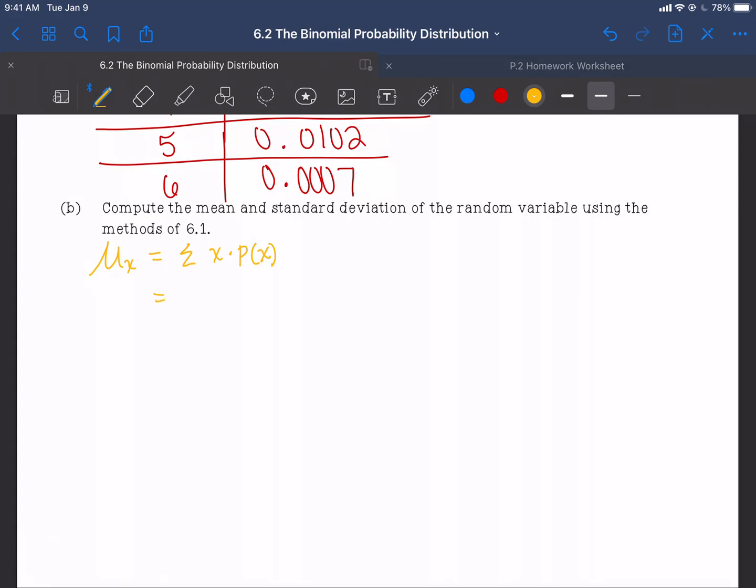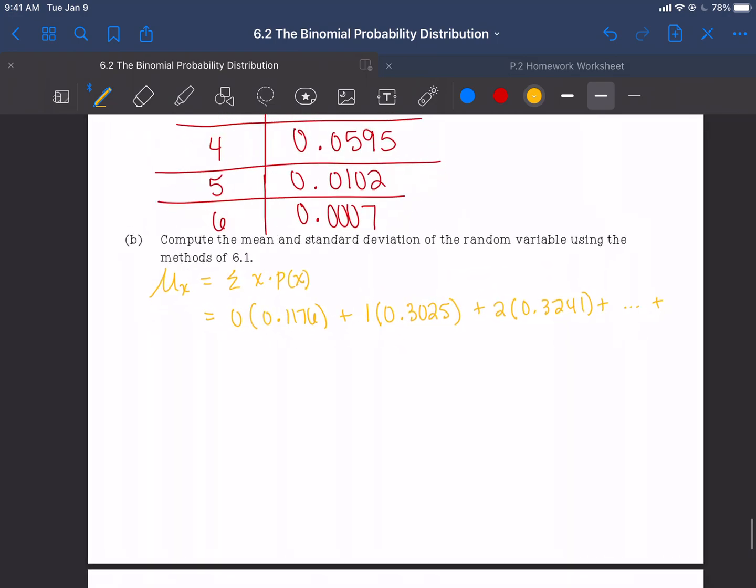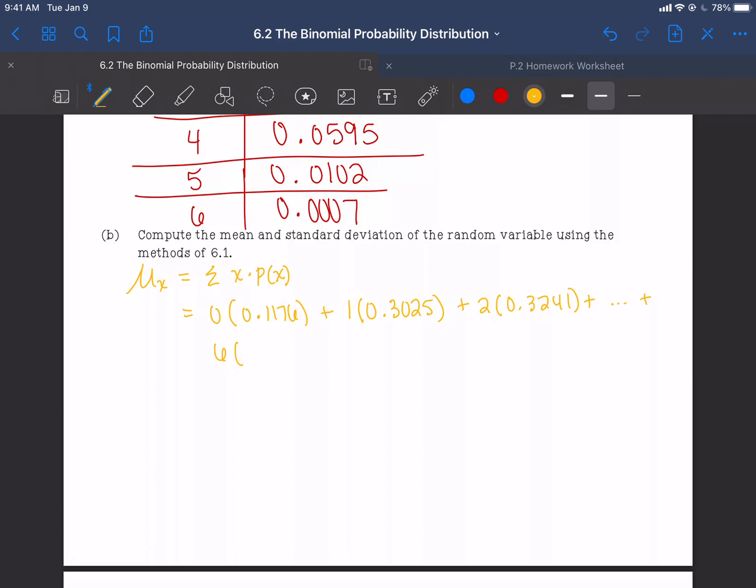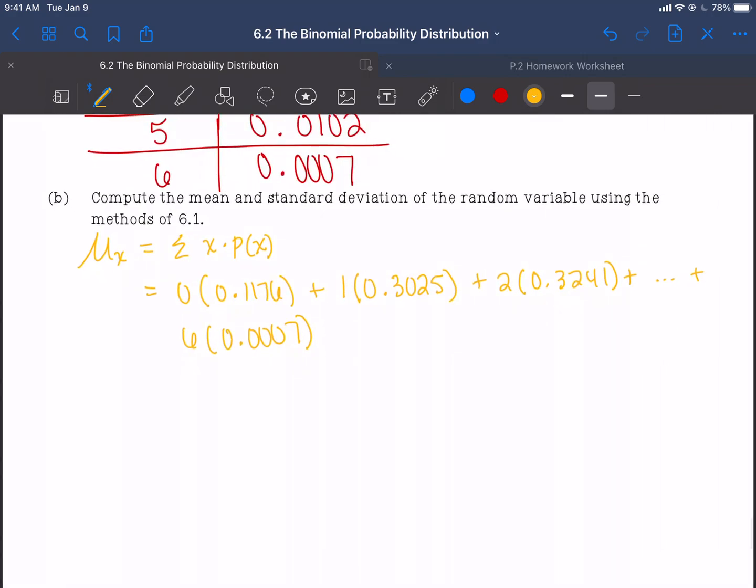So we're going to take 0 times 0.1176 plus 1 times 0.3025 plus 2 times 0.3241 plus, we're going to do that for all of them up to the last one, which would be 6 times 0.0007. Type that all into your calculator and you would get the mean to be 1.8.